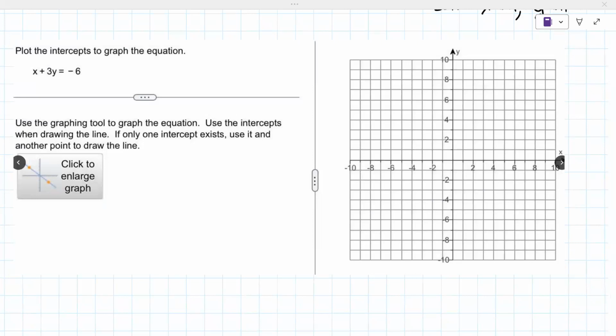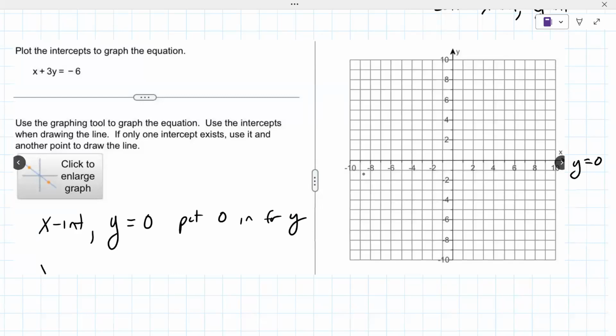Now the x-intercept is when y equals 0. So the x-intercept is on the x-axis down here. The x-axis is when y equals 0. This means to put 0 in for y.